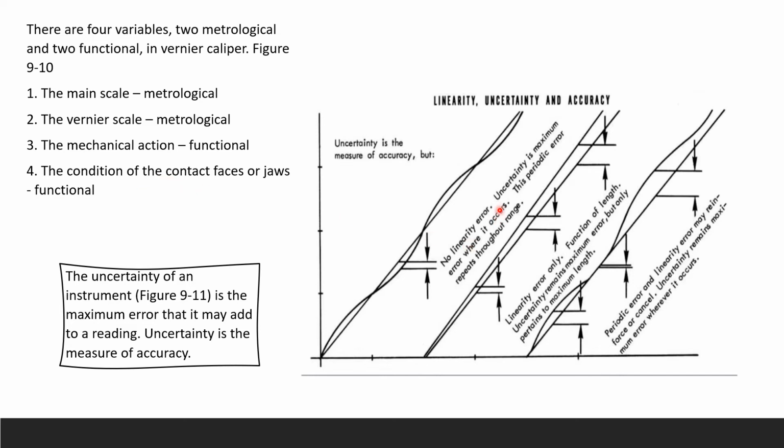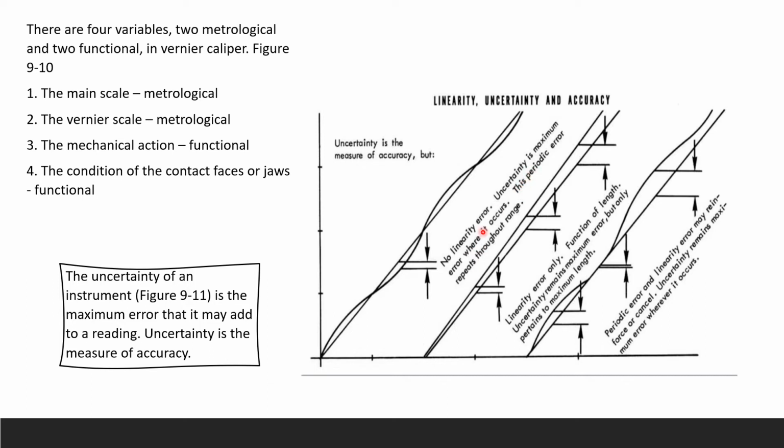So here is another graph, your linear uncertainty and accuracy, okay? So uncertainty is the measure of accuracy. Uncertainty of an instrument is the maximum error that it may add to a reading. So here we're going to see no linearity error.